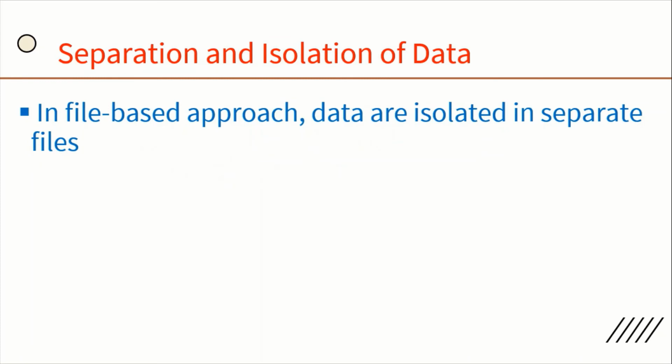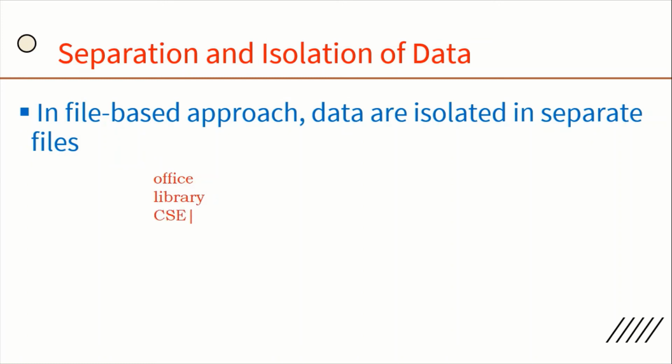Next, separation and isolation of data. In the file based approach, data are isolated in separate files. In the office, one file they are maintaining, right? In the library, another file they are maintaining.